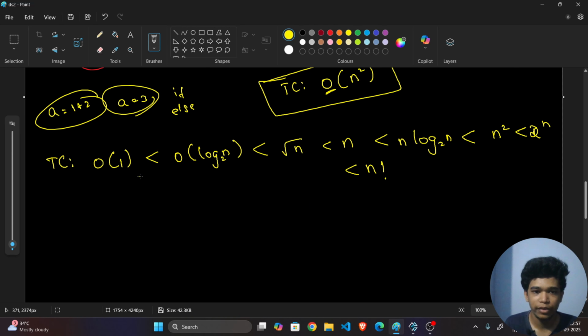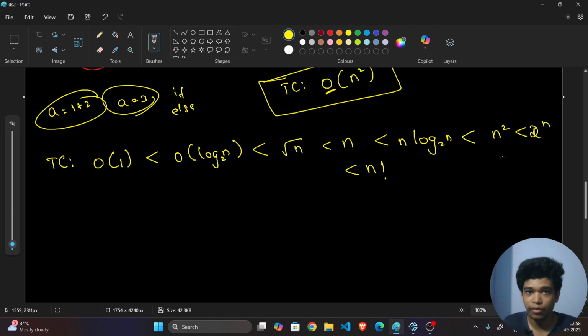Okay, always this constant will be lesser than log n. Again, log n is lesser than root of n. Again, root of n is lesser than n, and n is lesser than n log n, and n log n is lesser than n square, n cube, n power 4, and 2 power n will be larger than that, and n factorial will be larger than that. 2 power n. Can you understand this? So always know this order.